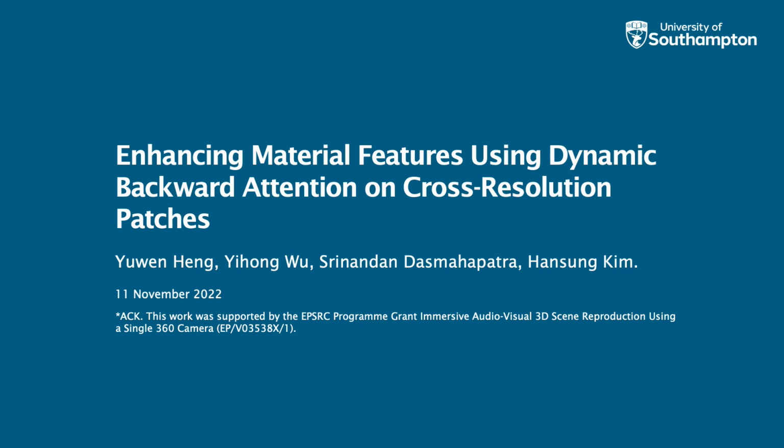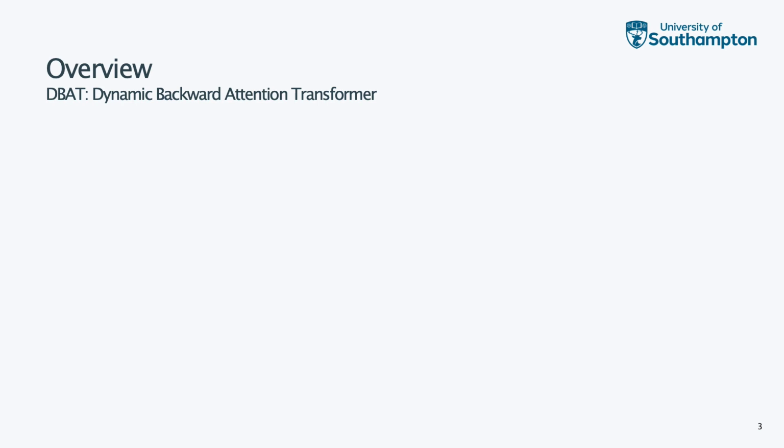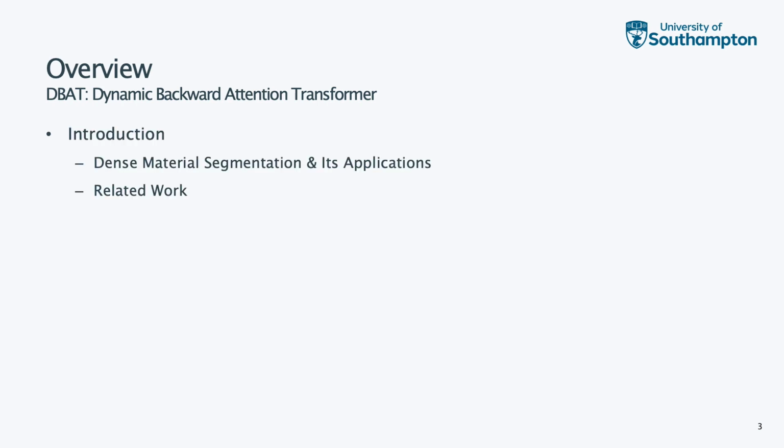The title of our paper is Enhancing Material Features Using Dynamic Backward Attention on Cross-Resolution Patches. The presentation for today contains three sections. First, I will introduce dense material segmentation, the material segmentation applications, and related work.